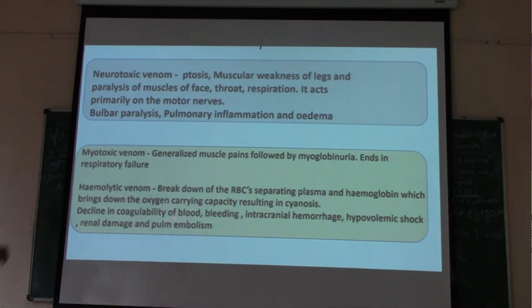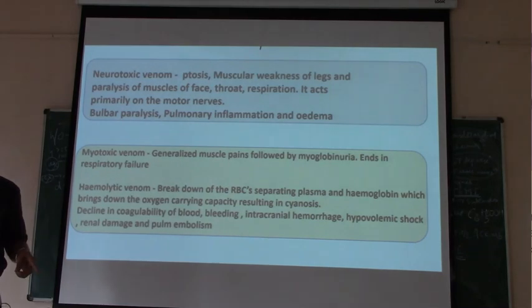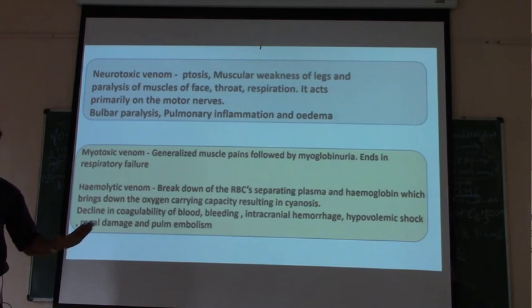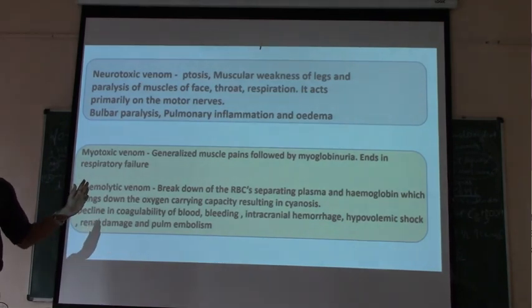Declining coagulability of blood. In which group of snakes did you see this? Viperidae. I told you, I started with bleeding from gums. So why will that bleeding from gums happen? Intracranial hemorrhage, hypovolemic shock, renal damage and pulmonary embolism. All these things are possible because of hemotoxin.